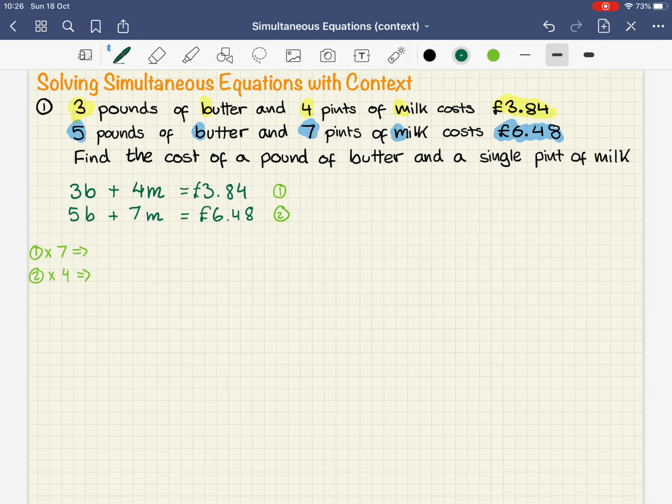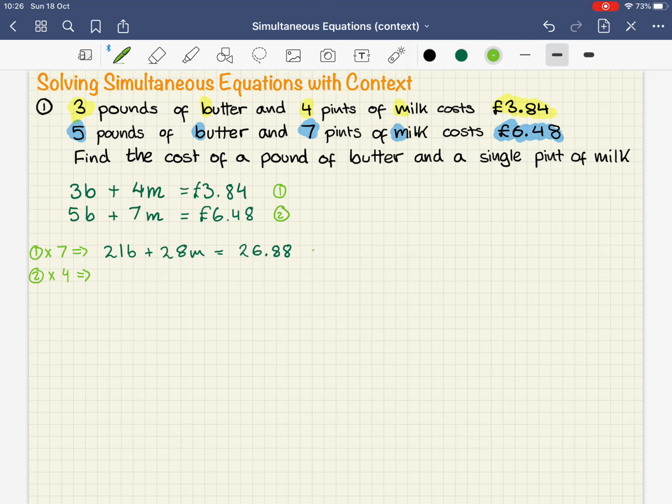So 3b times 7, that's going to give me 21b plus 28m. And then I'm going to get a calculator to do my 3.84 times 7. And that's going to give me 26.88.